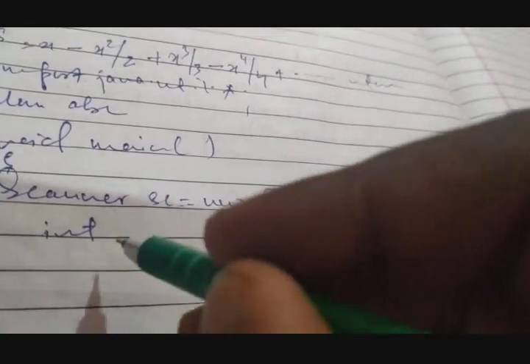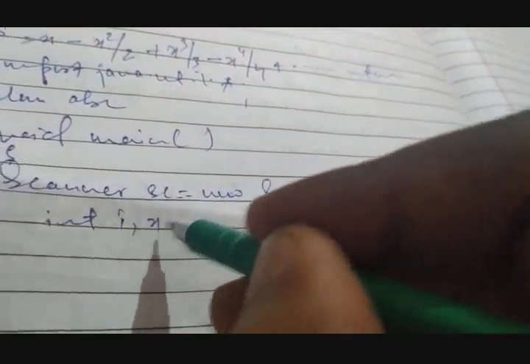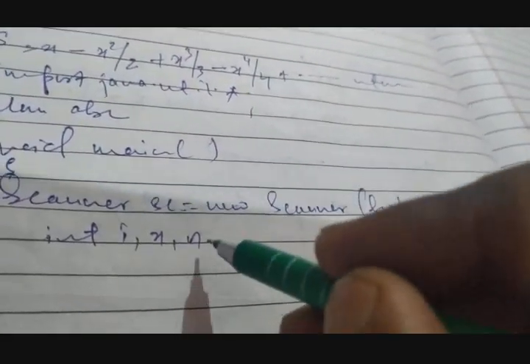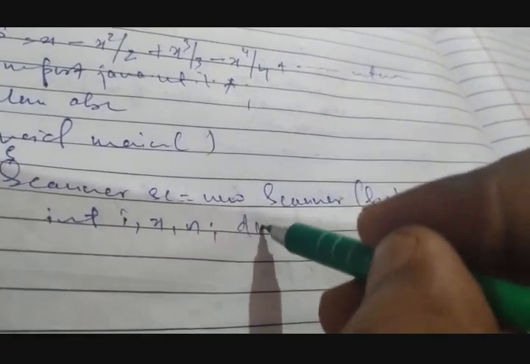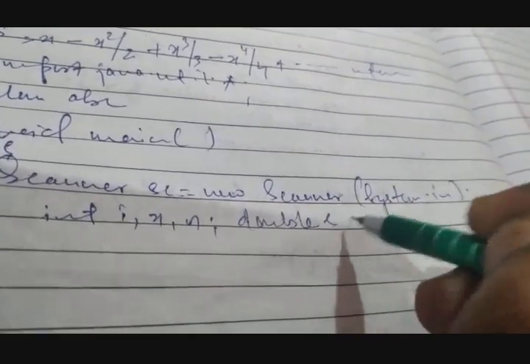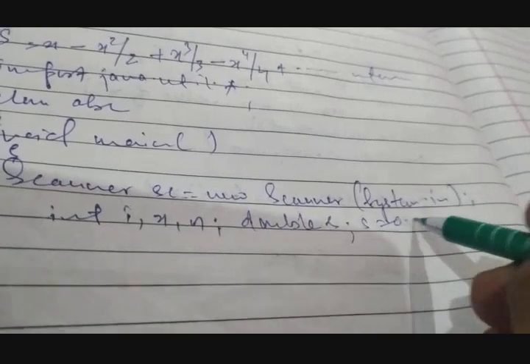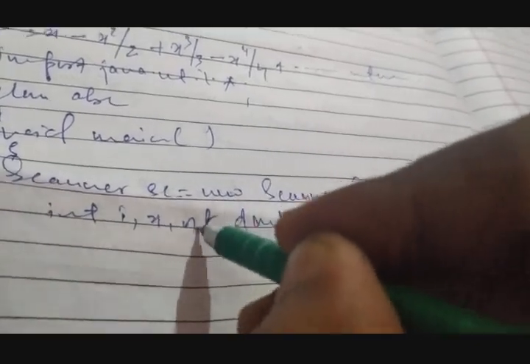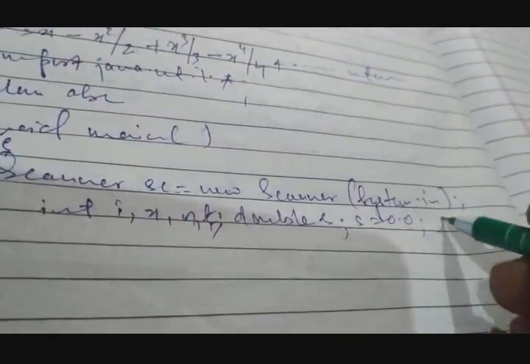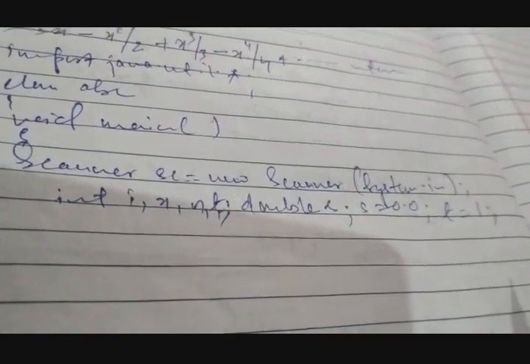You go with the int, you need an x, we need an n, so we need a double s. s equals to 0.0. t is also required, so t equals to 1.